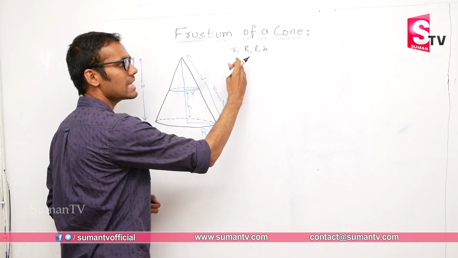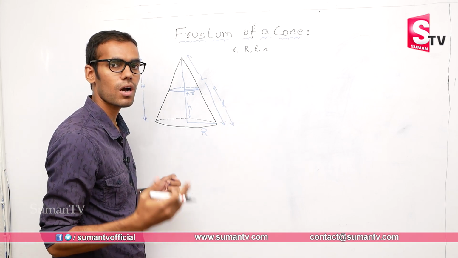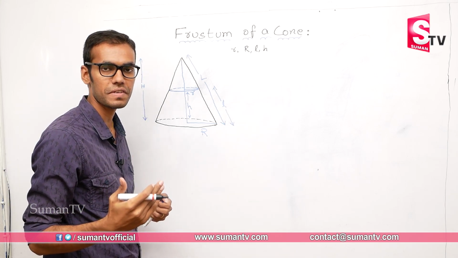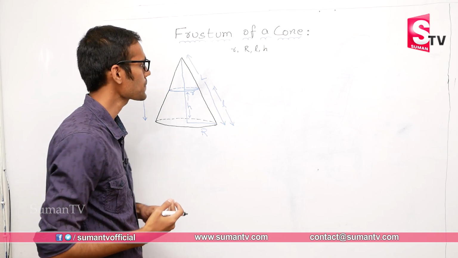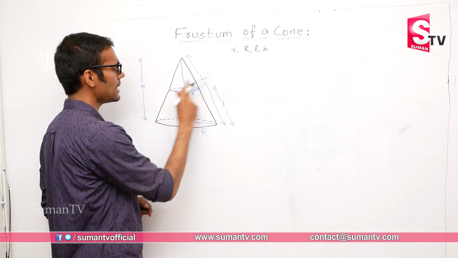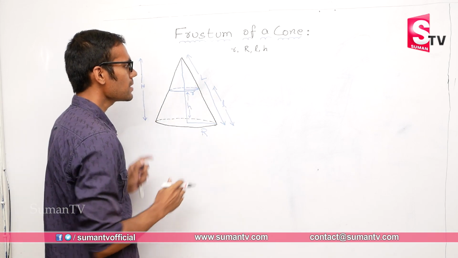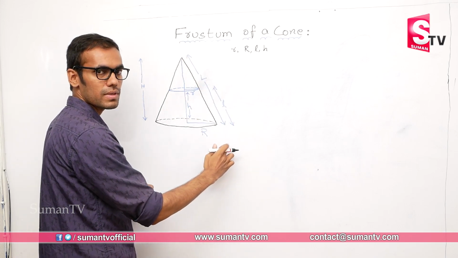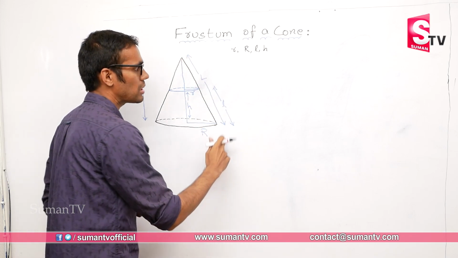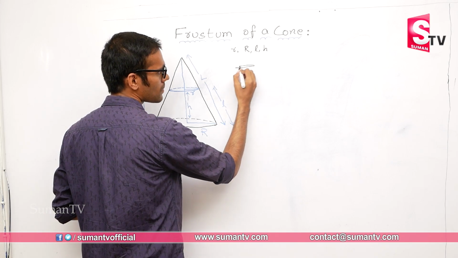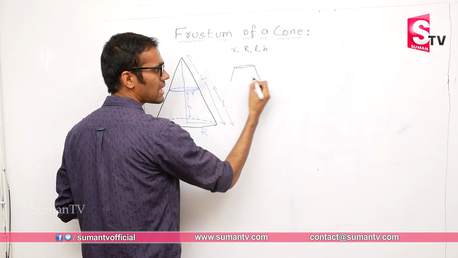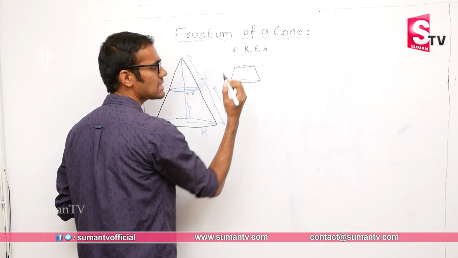So, we want only these four terms in the formula of volume of the frustum, CSA of the frustum and TSA of the frustum. But we don't want capital L and capital H, because they are the part of the bigger cone. They won't be given to you in the question. So, only the parameters that are related to the frustum will be given.